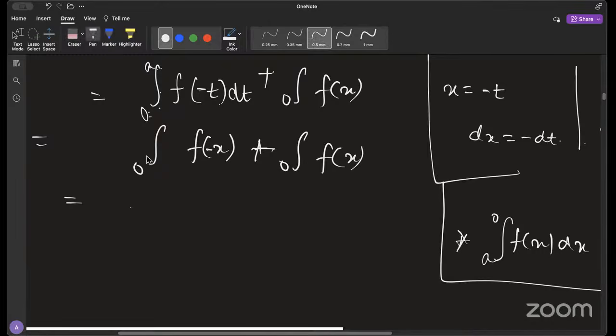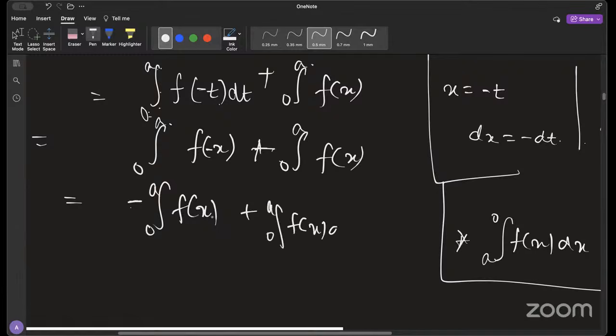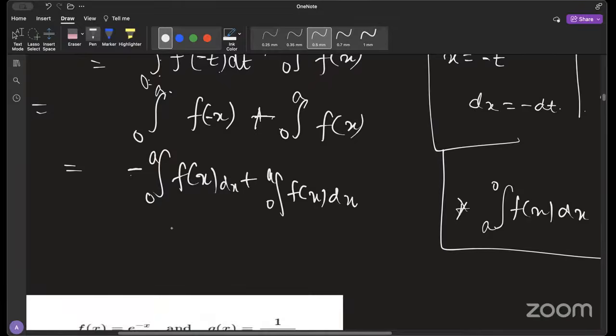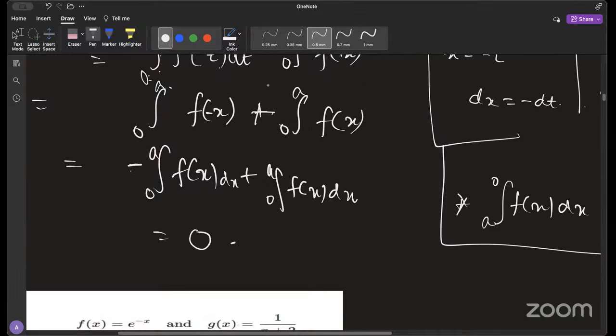That means you will have -f(x) from 0 to a. And we know that we can take this one out, right? This is also a, this is also a. So we can take this negative sign out because it's an odd function. So you'll have the integral from 0 to a of -f(x) dx, plus the integral from 0 to a of f(x) dx. So this will just be 0.